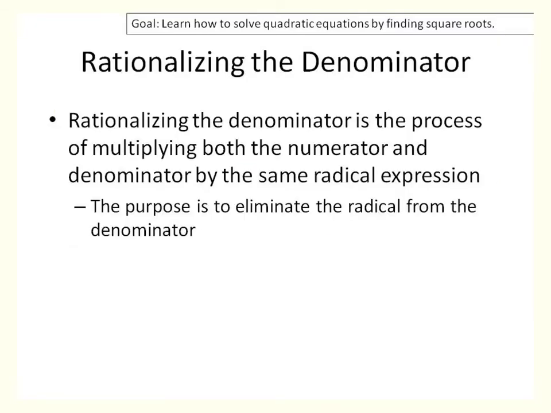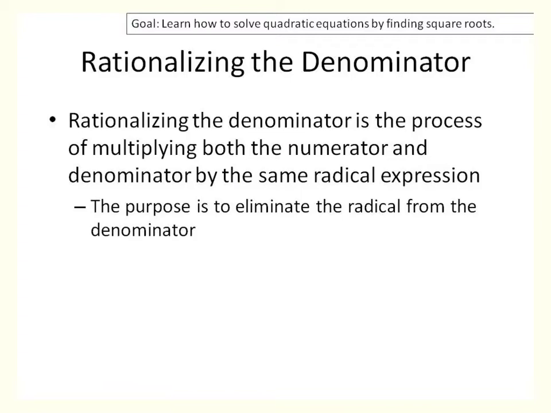So the next part of when a radical is simplified is when there's not a radical in the denominator. Sometimes you get a radical in the denominator, and there can't be one in a final answer. Getting rid of the radical in the denominator is called rationalizing the denominator. It's a process of multiplying both the numerator and the denominator by the same radical expression, to eliminate the radical from the denominator.